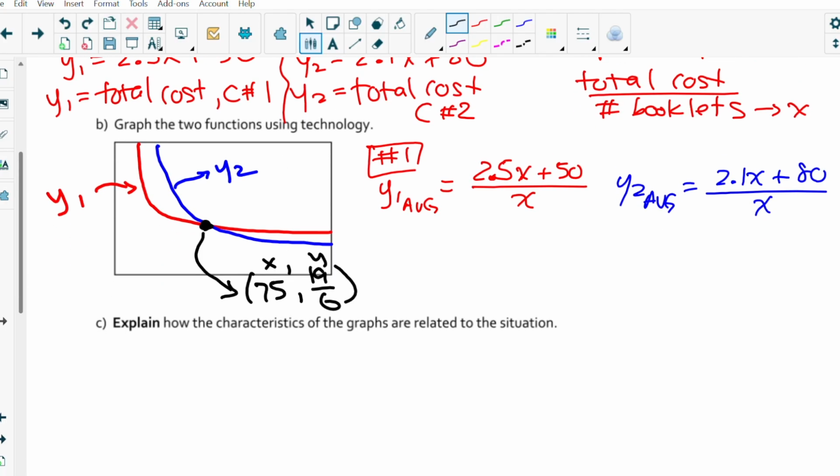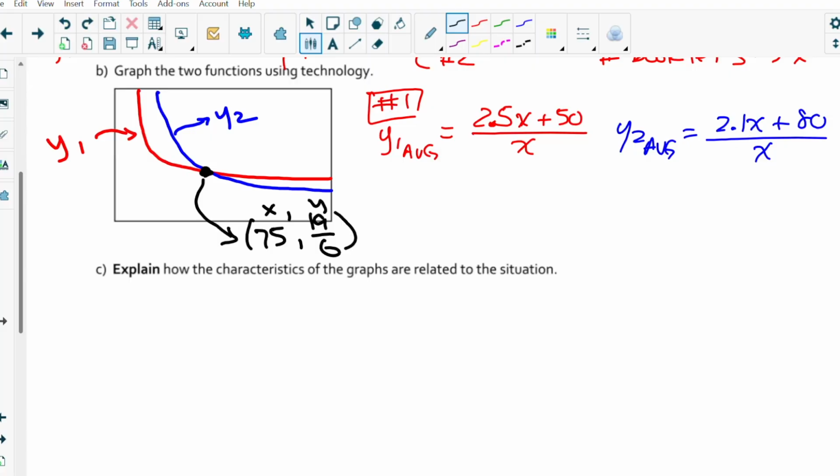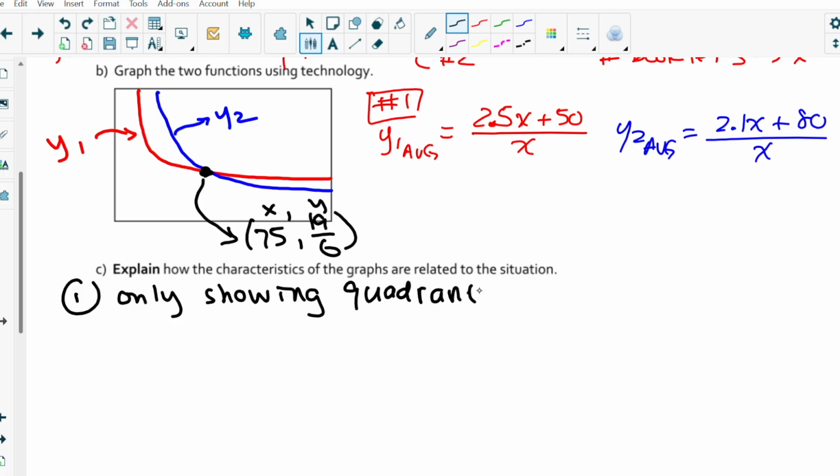Explain how the characteristics of the graph are related to the situation. So number 1, we're only showing quadrant 1. Why? Let's think about this logically.